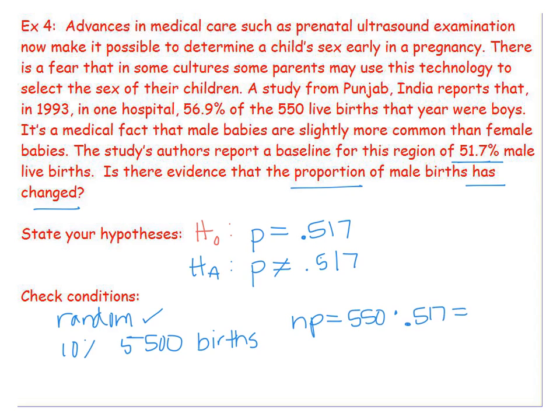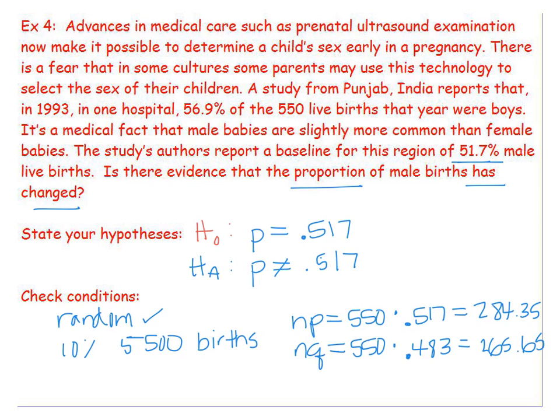I end up with 284.35. And then if we do NQ, we take 550 times. Now if you take 100 minus 51.7, you're left with 48.3 or 0.483. And I get 265.65. So both of those are bigger than 10. All of our conditions are met.